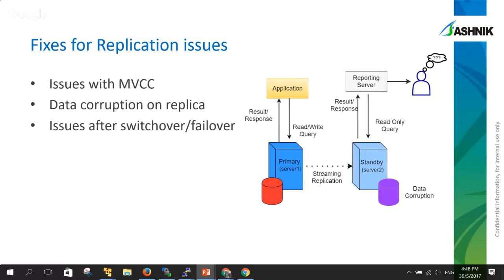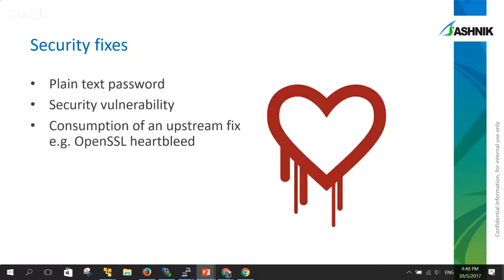And all these three kinds of issues, be it data corruption or issues related to replication or issues related to security, are fixed as part of minor releases. So like I said, security issues as well are fixed as part of minor releases.